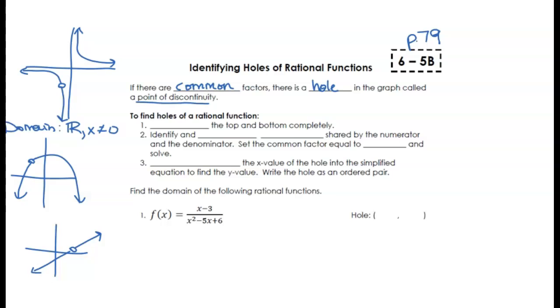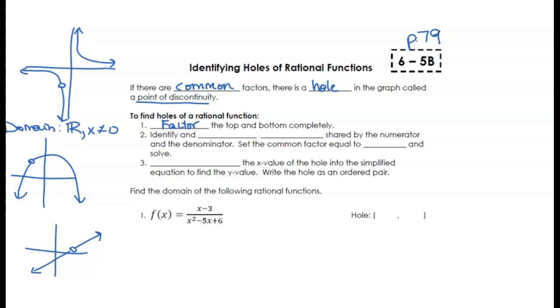So to find holes of a rational function, the first thing you're going to do is factor. Isn't that a common theme with stuff in Unit 6? First step is to factor. So you should realize that the first step is going to be to factor every time.